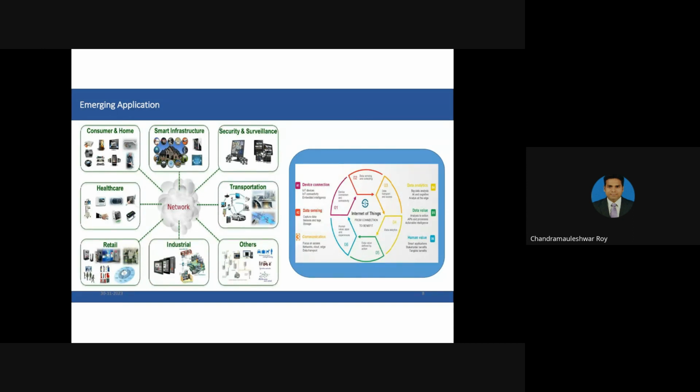Then in the retail field, nowadays, you know, the Woodland shop is there in the entire country. The owner is sitting in Delhi, and they are controlling the entire business from Delhi only. How? See, in Chennai, so many Woodland shops are there. In most of the shops, if any people come inside, a sensor is there.